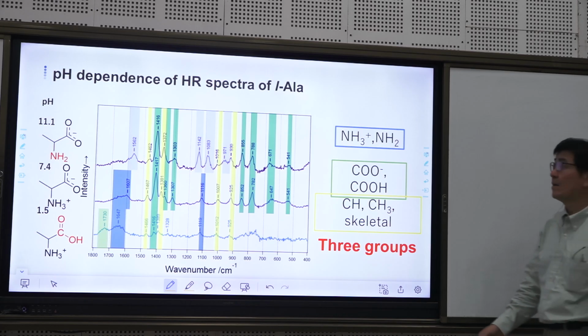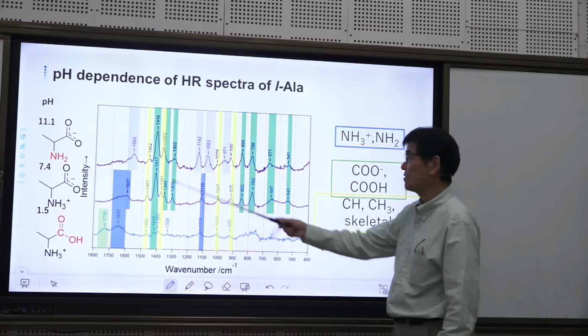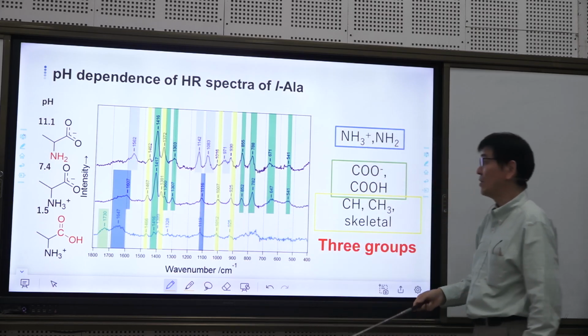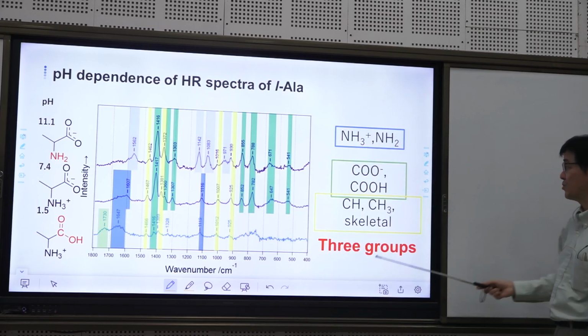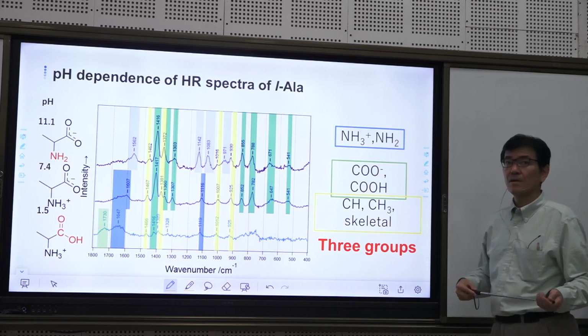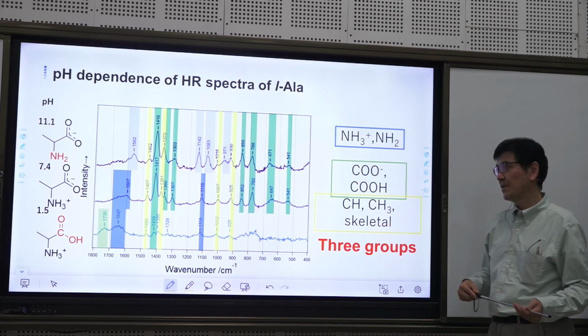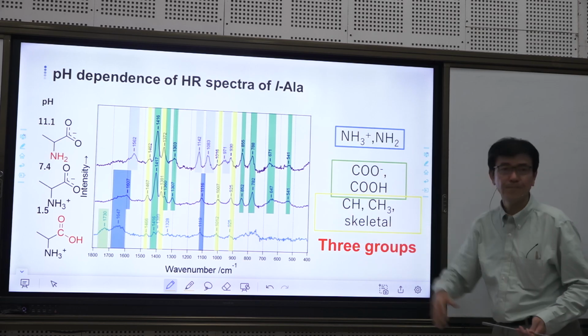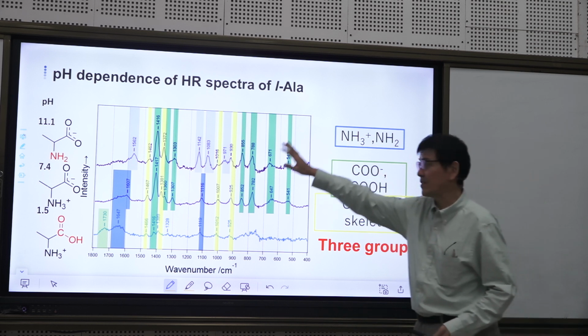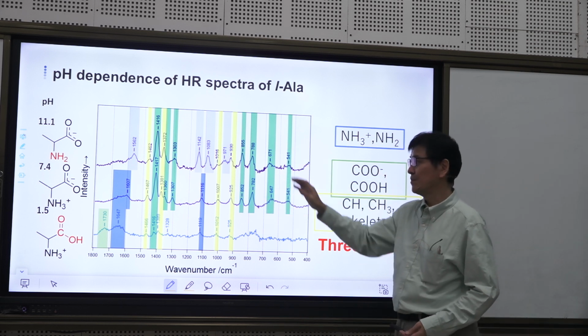So anyway, we can understand the results of the pH dependence of the hyper-Raman spectrum by considering the three groups. As expected, I don't think this information is new.